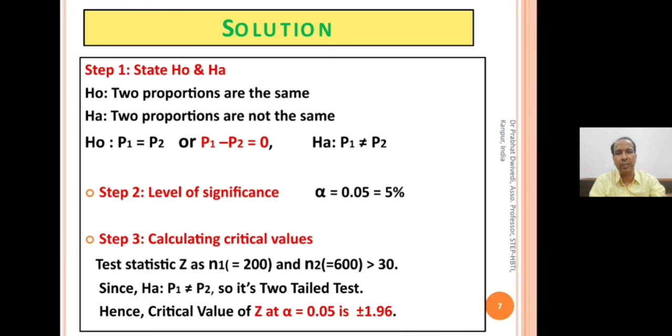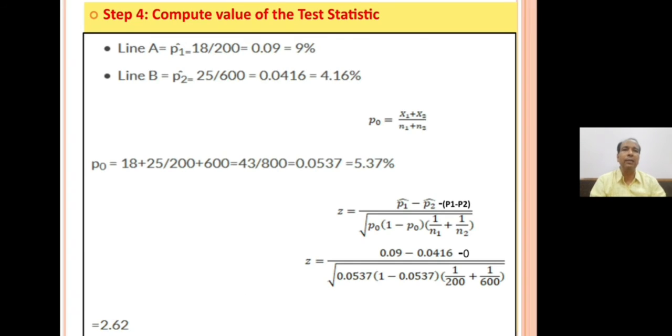So let's proceed to step 4, that is computing the value of the test statistic. We compute here P1 hat and P2 hat for assembly line A and assembly line B. Just recall the values given to us.